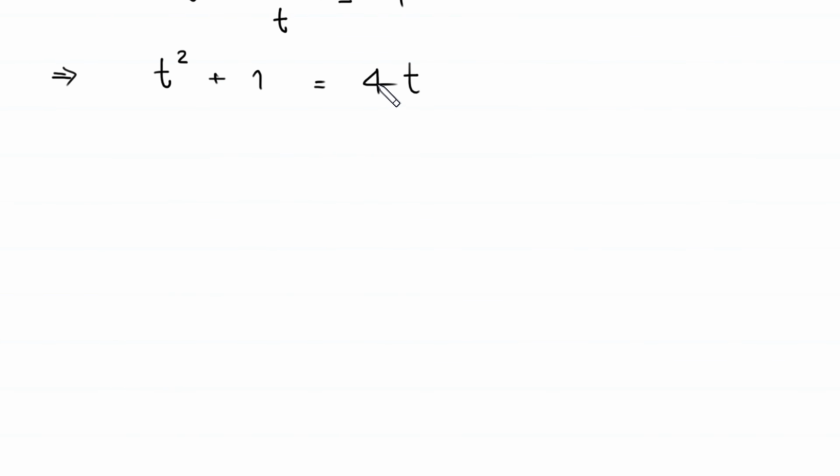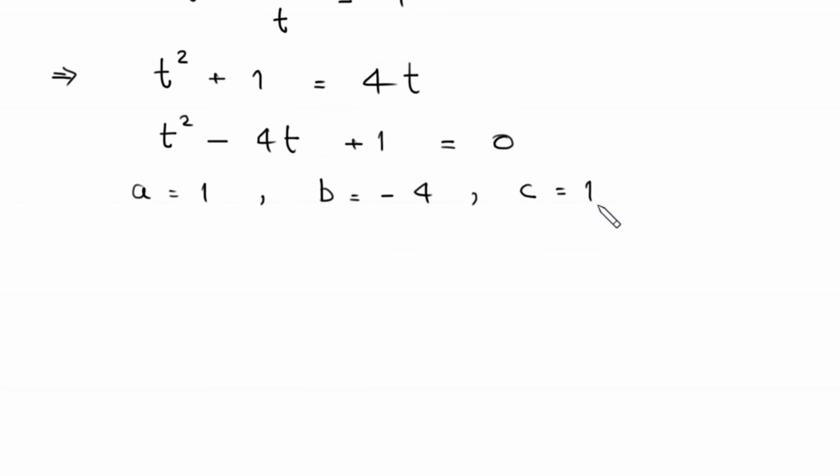Now we move 4 times t to the left hand side, then this will become t squared minus 4 times t plus 1 is equal to 0. Now this is a quadratic equation and is not factorable, so we solve it by quadratic formula. In this equation we have a is equal to 1, b is equal to negative 4 and c is equal to 1.